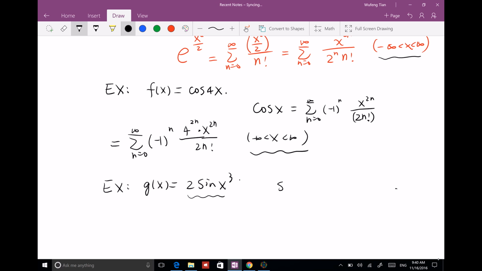For example, the formula is sine x equals the sum from n equals 0 to infinity of negative 1 to the power n, x to the power 2n plus 1 over 2n plus 1 factorial. Okay, so I would like you to work on this one.